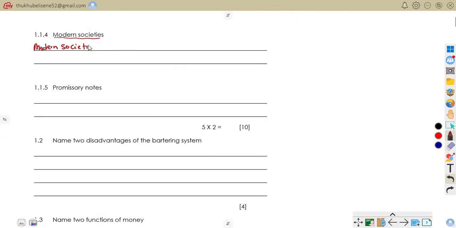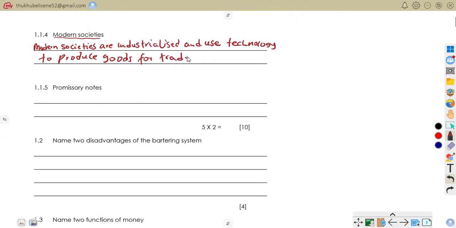Meaning to say, factories and machines are used to make products.